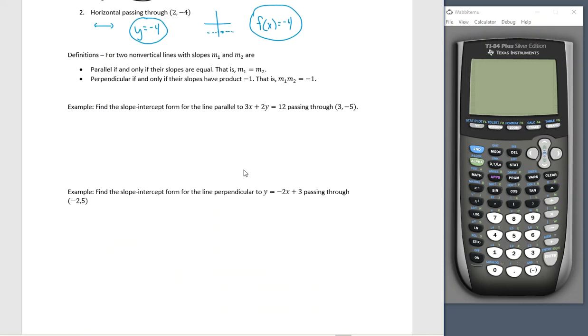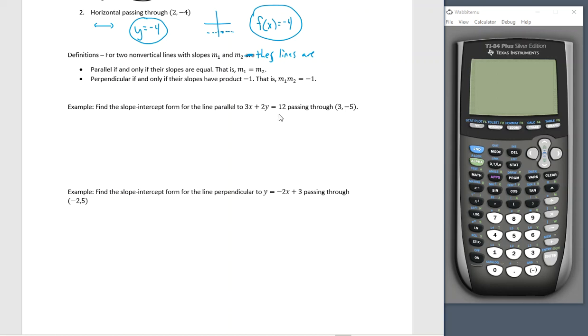For two non-vertical lines with slopes m1 and m2, the lines are parallel if and only if their slopes are equal, and perpendicular if and only if their slopes have a product of -1.